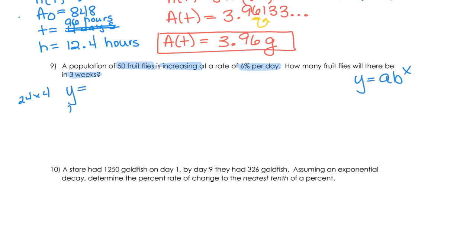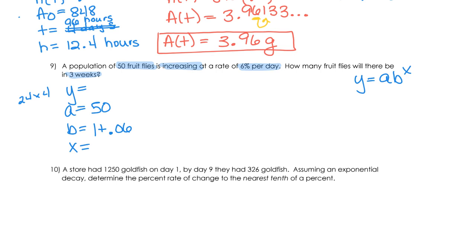We'll write down our A, B, and x. And we have a population of 50 fruit flies. I believe that's our initial amount. They are increasing, so 1 plus 0.06. And they want to know how many fruit flies there will be in 3 weeks.